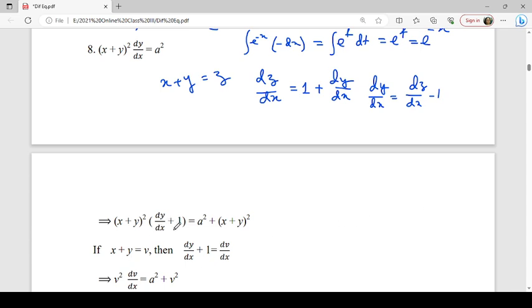So in place of dy/dx we are writing, in place of (x plus y) whole square, a square implies dy/dx plus 1. So we are adding (x plus y) whole square, here again we are adding (x plus y) whole square.